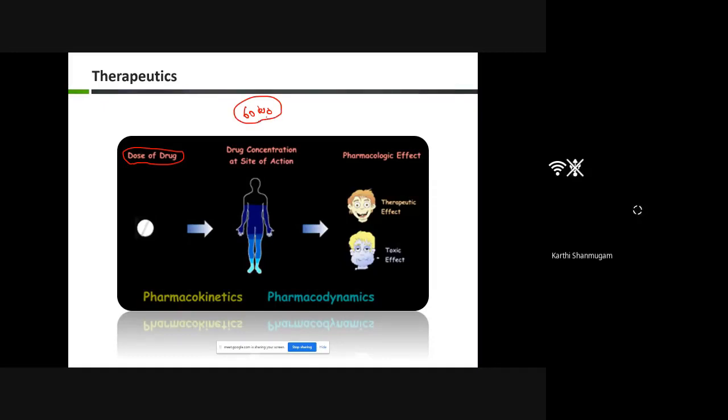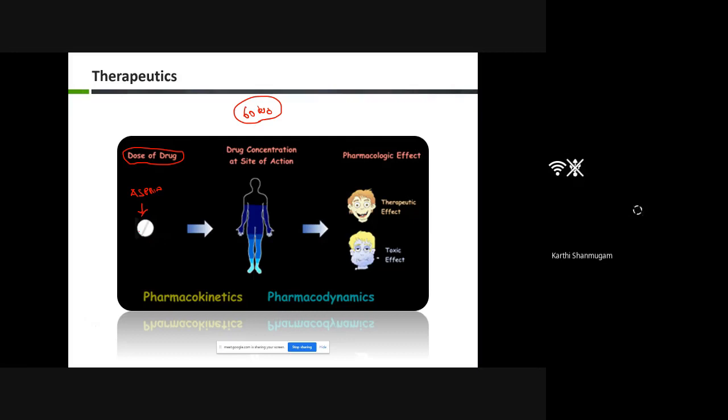So we take some dose of the drug molecule. Say you have some pain and you are taking aspirin. Aspirin is a very well known drug molecule for reducing pain. Once you take some dose, immediately after taking it, by any method of administration, the drug molecule can be taken orally, or we can go for intravenous injection or intramuscular injection.